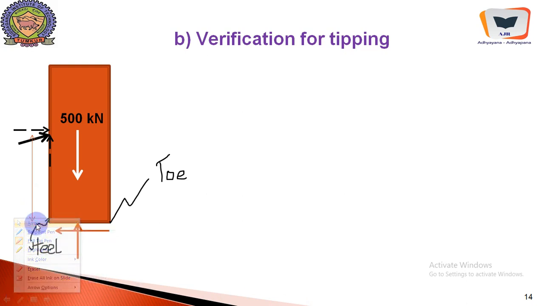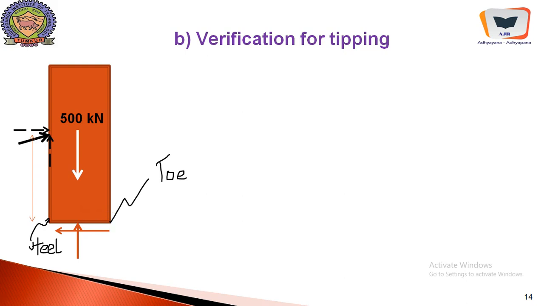Tipping happens typically due to the moment generated by this force with respect to this particular moment center. I repeat, if at all this cupboard has to rotate or to tip or to tumble, it has to tumble with respect to this. The disturbing forces are this and this, because they generate moment with respect to this particular point.